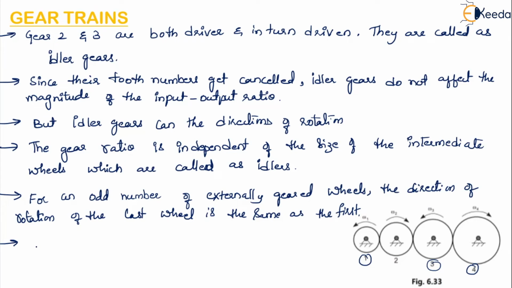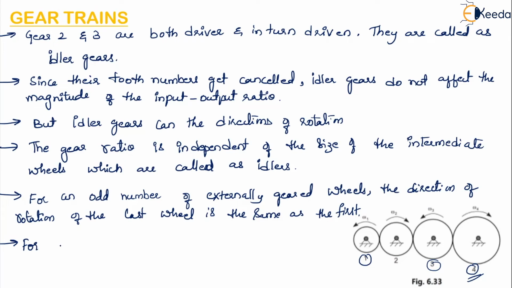Then for an even number of wheels, the direction of rotation of the last wheel is opposite to that of the first wheel. So here we can see this is an even number of wheels, that is 4, an even number. So the first wheel is rotating in anti-clockwise direction, whereas the last wheel is rotating in a clockwise direction.